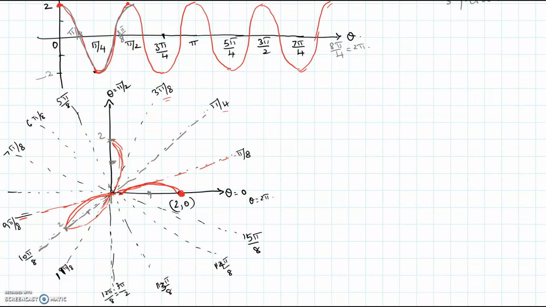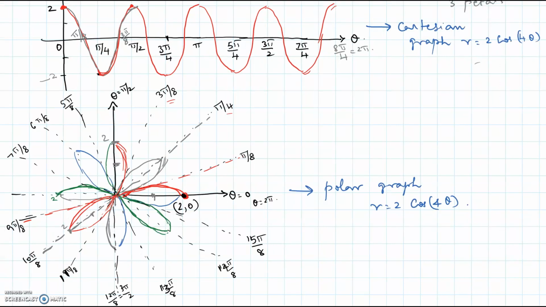If you complete the graph, you will get 8 petals. Putting this Cartesian graph into polar: from 0 to pi by 8, the graph is decreasing, going from 2 to 0. Between pi by 8 and pi by 4, it goes in the opposite direction, decreasing to negative 2.